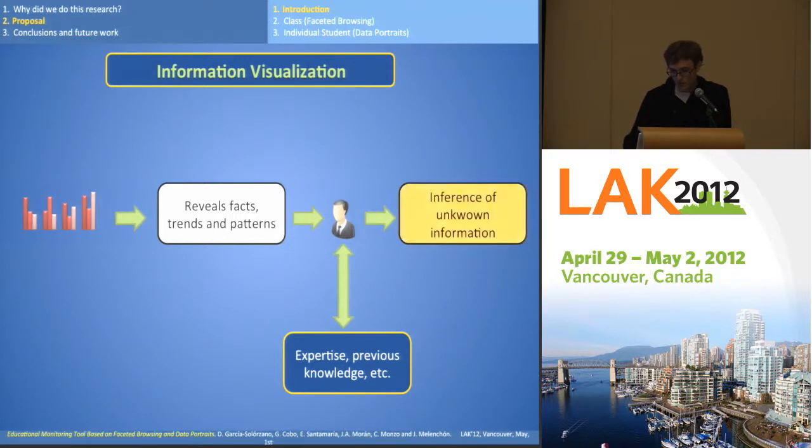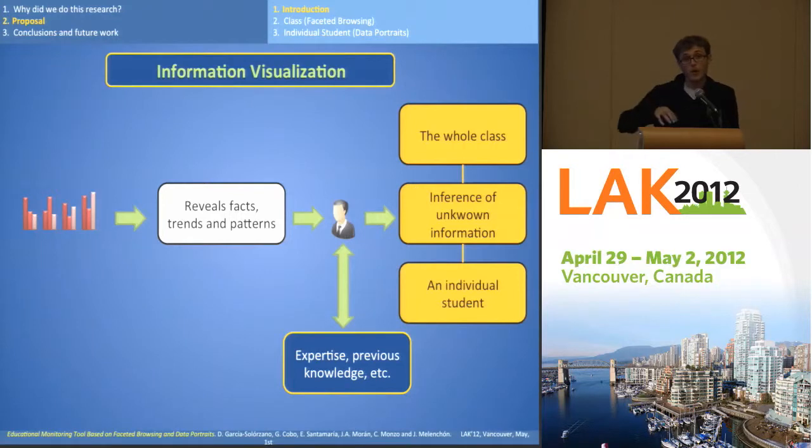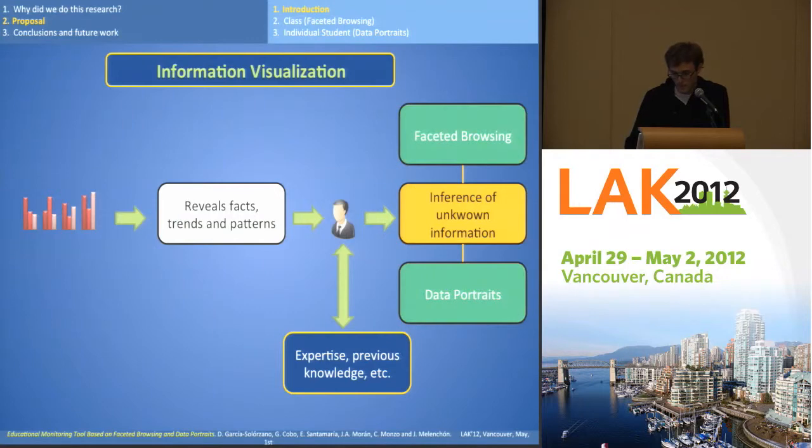Basically, two kinds: information about the whole class, and information about a specific, individual student. In this proposal, we focus on both types of information, and we use faceted browsing for the whole class, and data portraits for individual student information.